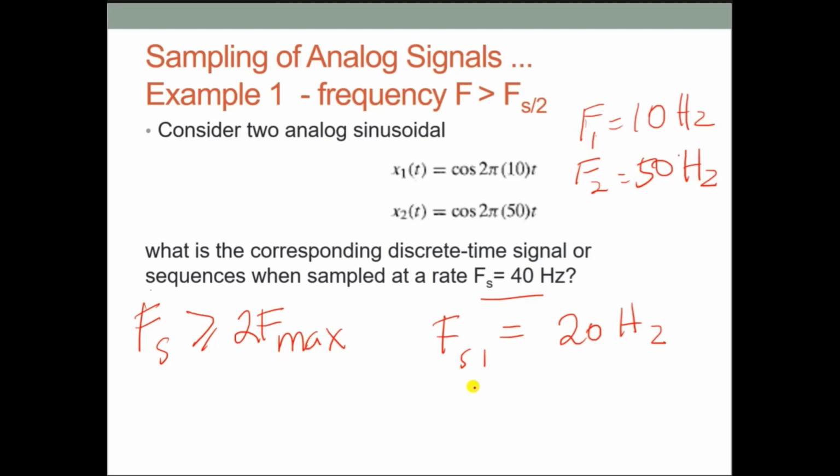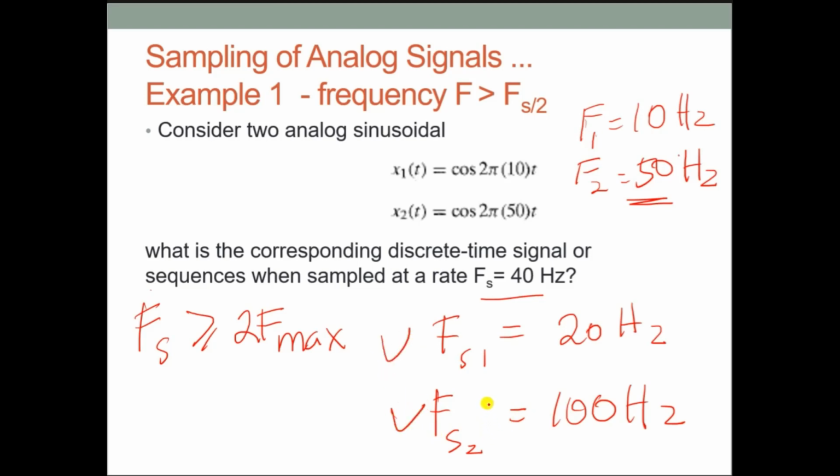For the second signal x2(t), the sampling frequency should be 2 times 50, which is 100 hertz. This will be the correct sampling frequency.